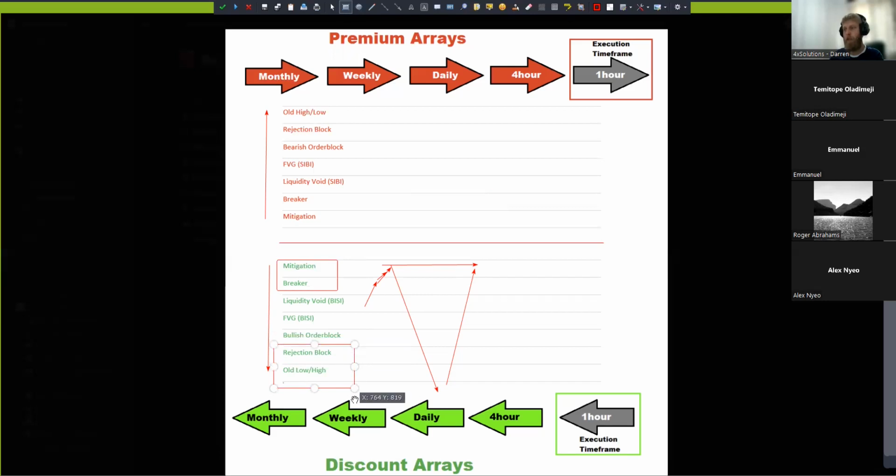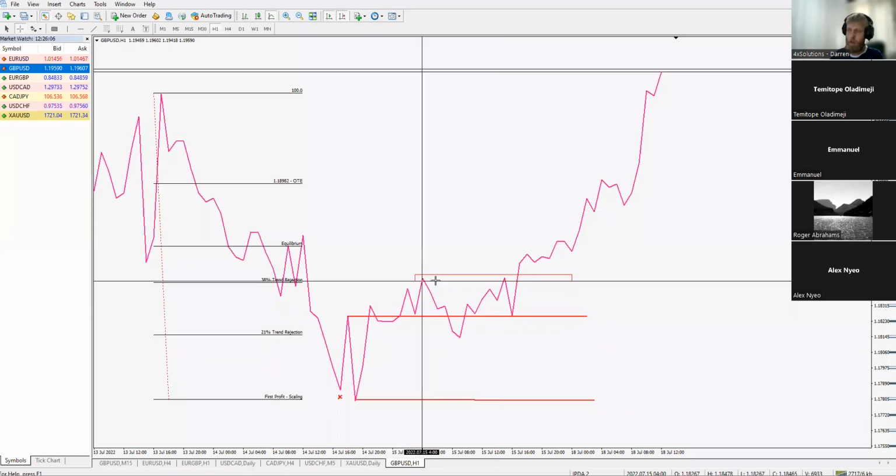So you're not really buying at the deepest or highest level of discount or premium. When you're buying an order block, it's sort of the middle of the middle. So if this is equilibrium and you divided the equilibrium down to the old swing low, you're sort of buying at the equilibrium of that range. So that's essentially what a mitigation would look like.